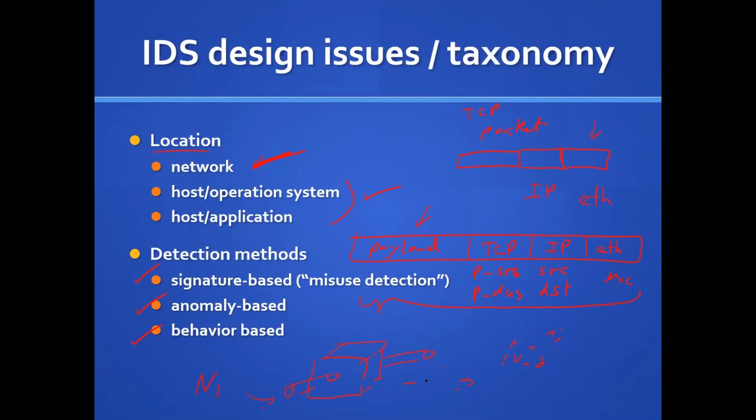Any packet that goes in here and out here will first go through a series of modules in the operating system that take every single packet, dissect it into pieces, and then analyze it against a set of rules.